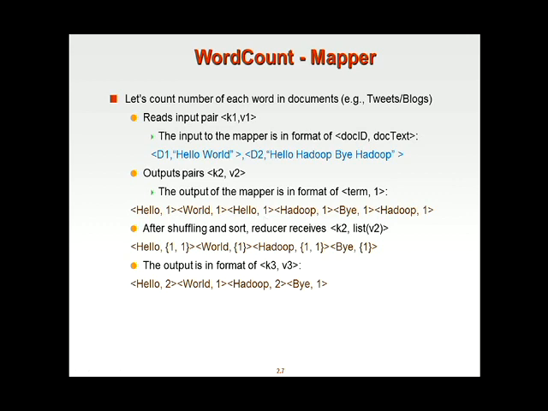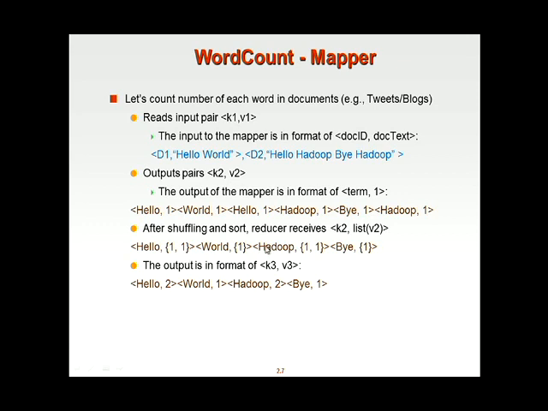So Hadoop will group the two ones as a list for this hello key. This is just the grouped result. There are two Hadoop, so there are two ones in the list. But for world and bye, there's only one integer 1. So this is the group-by result.